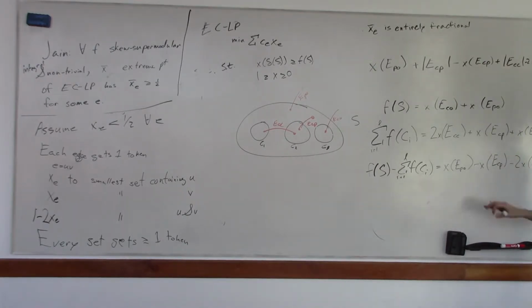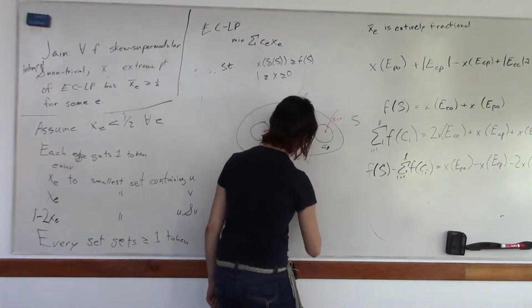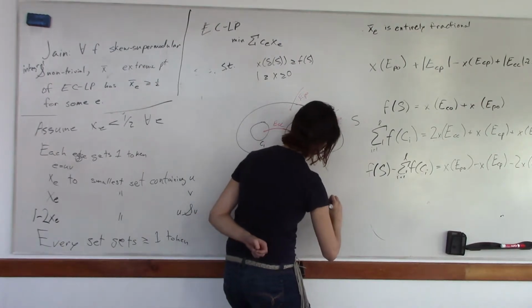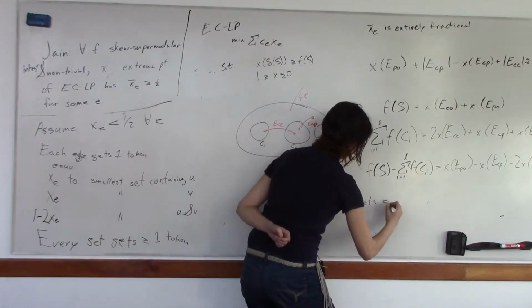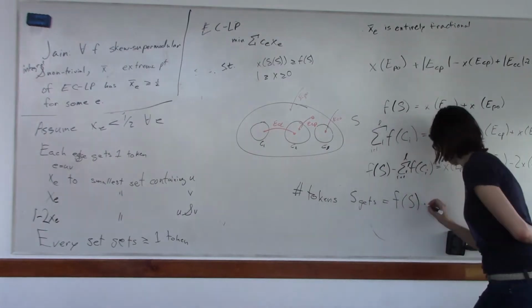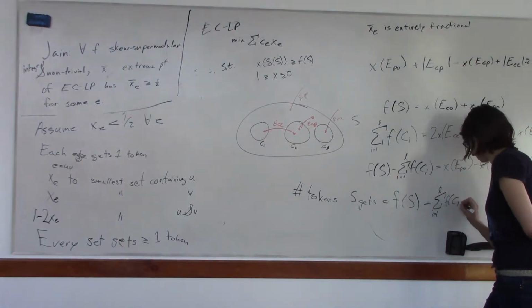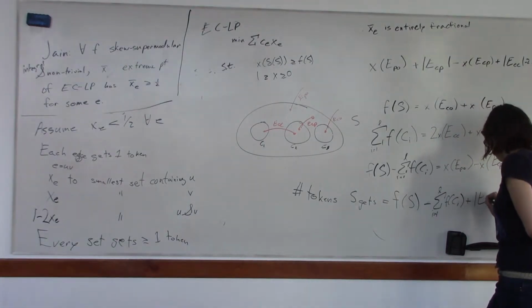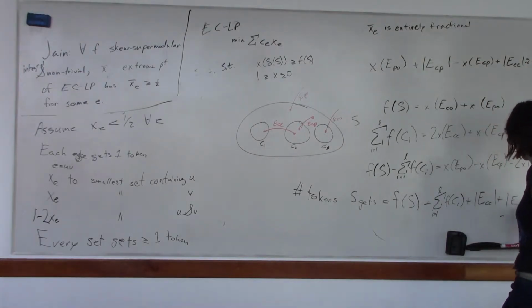So this looks really nice. Let's combine this all together. So we now have the number of tokens that S gets is f of S minus the sum for i equals 1 to L of f of C_i plus E_CC plus E_CP.